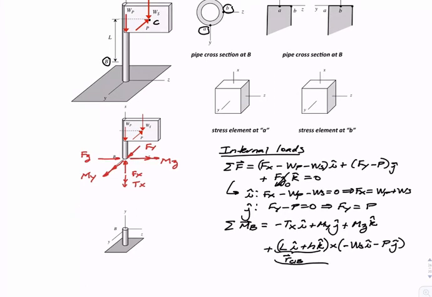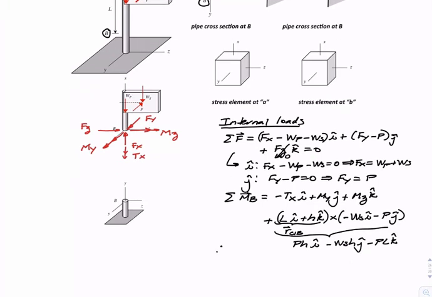When I do the R cross F for this, what I end up with is pH in the i. I have a Ws times H in the j, and I have a minus PL in the k. Therefore, whenever I balance out my components, the i components say that minus Tx plus pH is equal to 0, so the torque component, the moment component in x, is just p times the distance h.